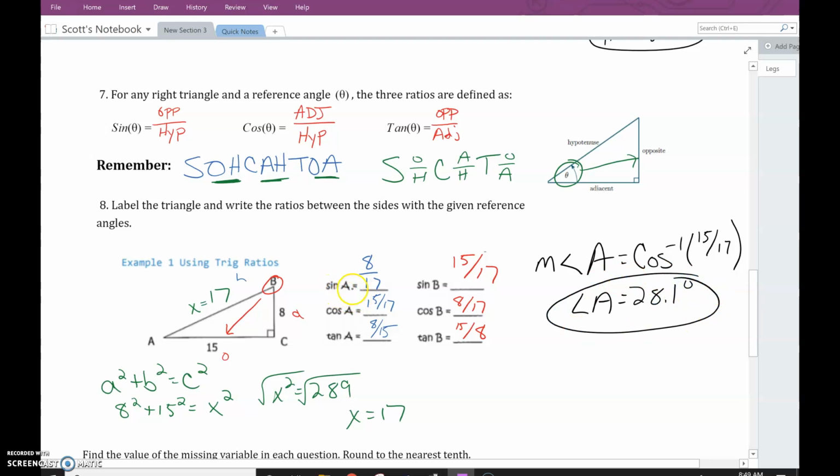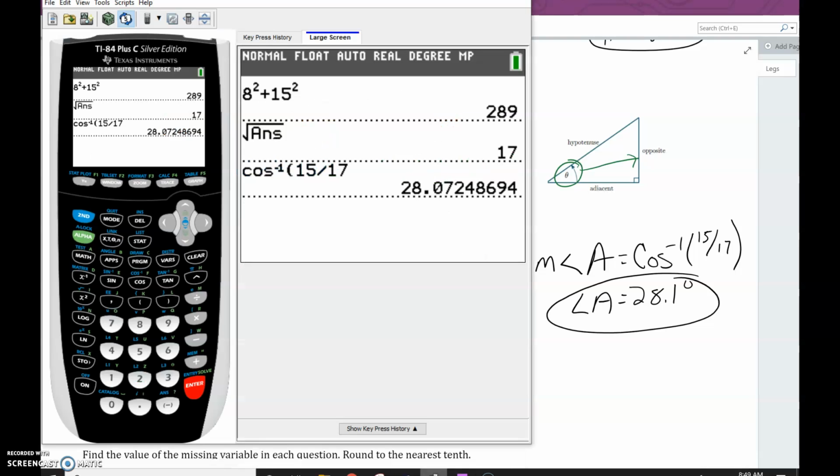Now let's try a different way. I could do inverse sine of 8 over 17. Let's try that. Inverse sine of 8 over 17. Hey, look at that. It's the same thing.